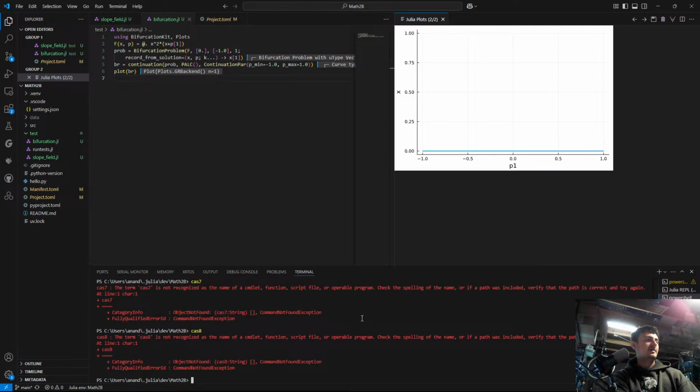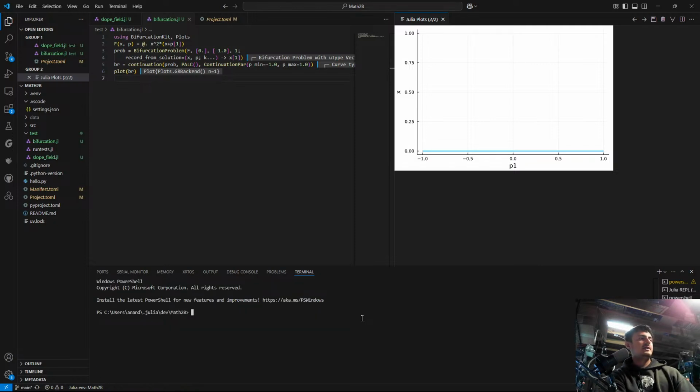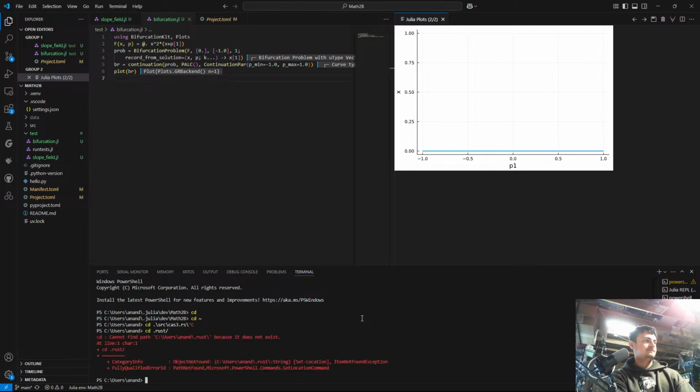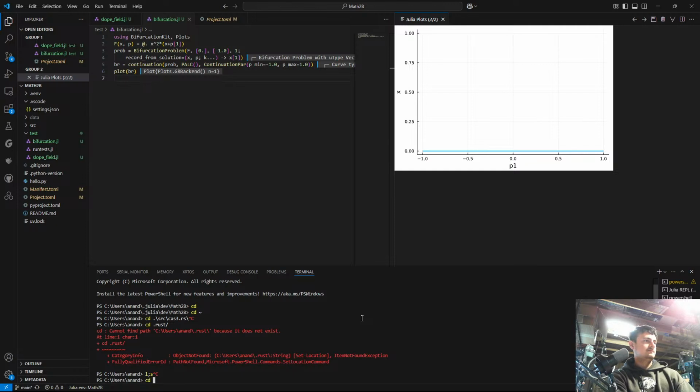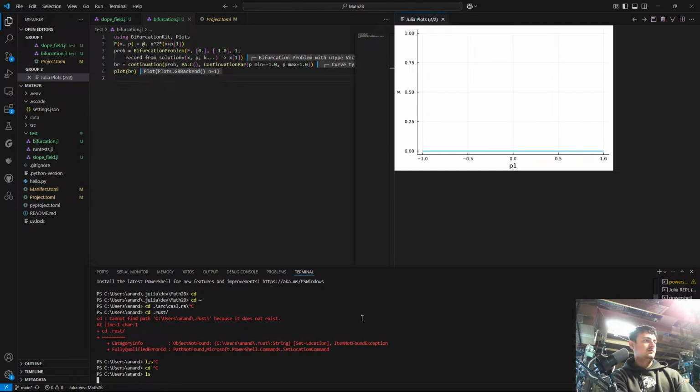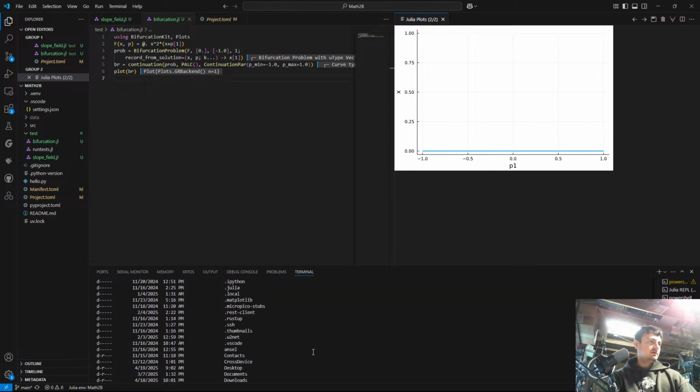I thought I added it to my path, but I guess I didn't. We need to go. It's not called Rust, is it?